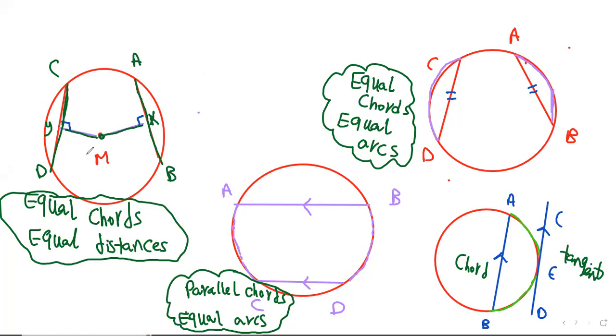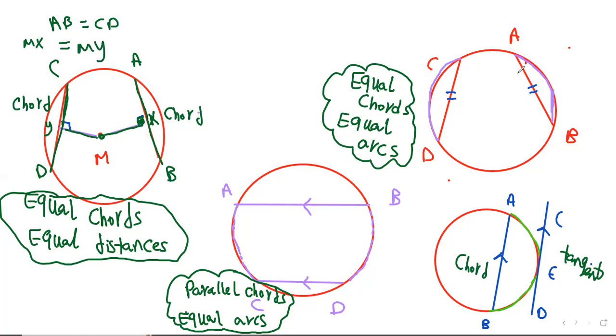So just remember, equal chords lead to equal distances. Here AB is a chord, and here CD is a chord, and they are equal. AB equals CD. So the distance must be perpendicular. So MX here in this case is equal to MY.